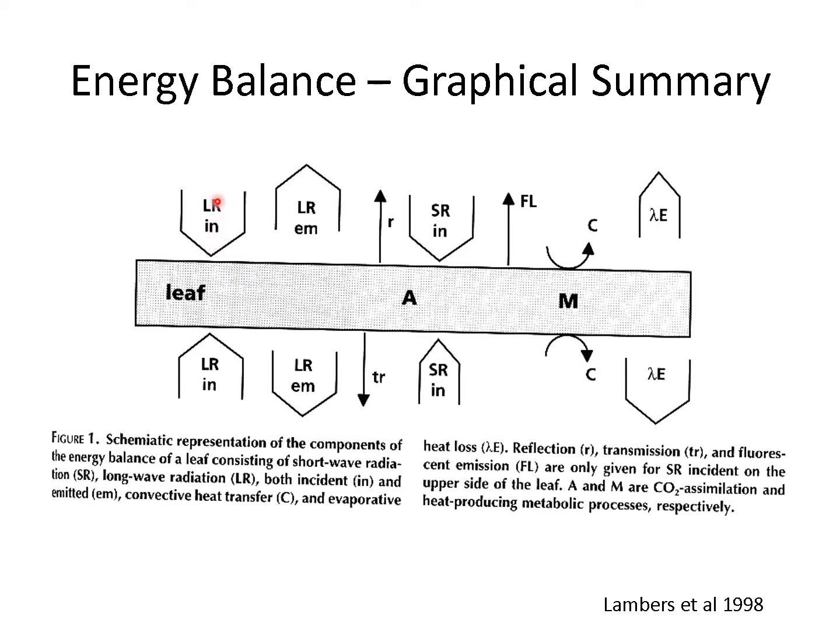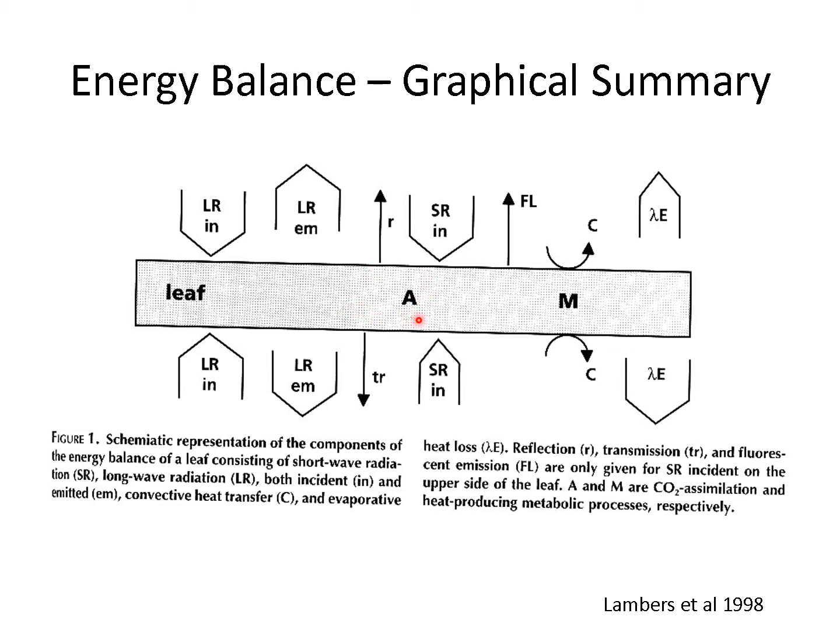Long wave radiation is radiation emitted by objects in the atmosphere or other leaves above the leaf, and that can come from two directions because there are objects below the leaf as well. Short wave radiation can come in from the sky or from the sun, but can also come from the bottom of the leaf through reflection from surfaces below the leaf. So those are the two primary means of energy input.